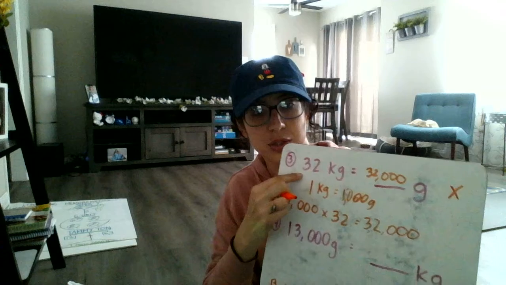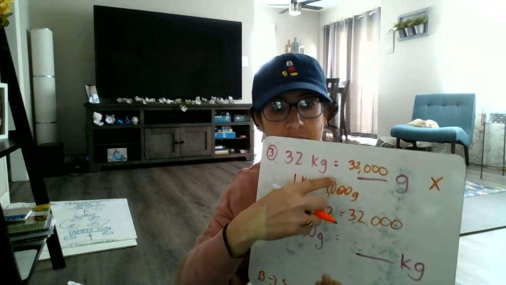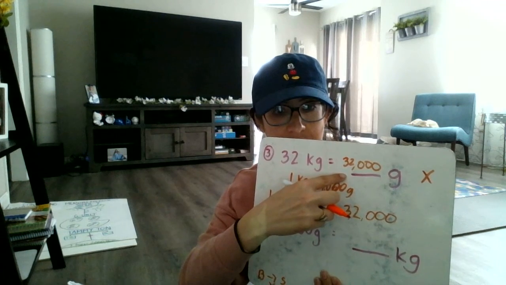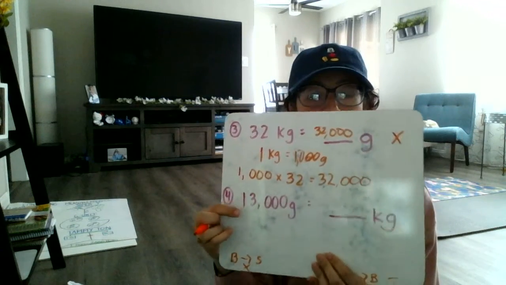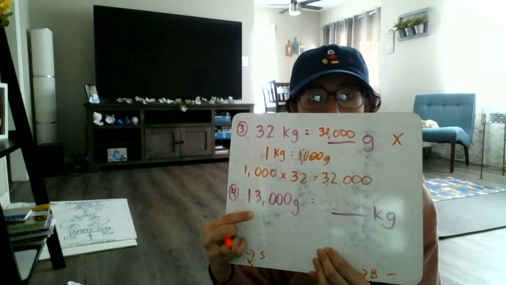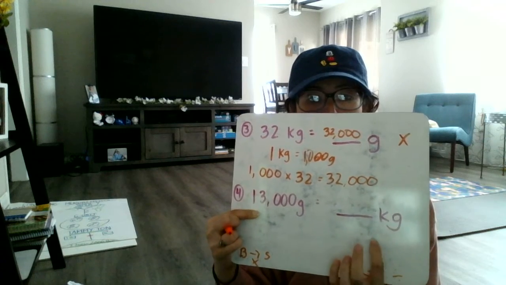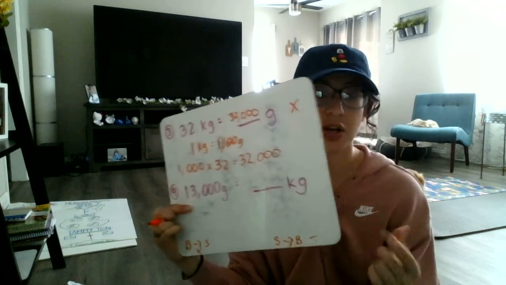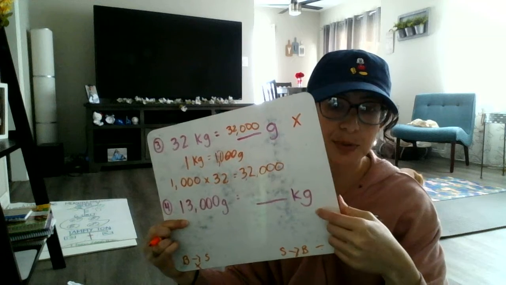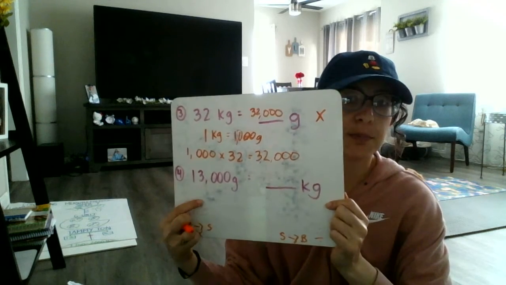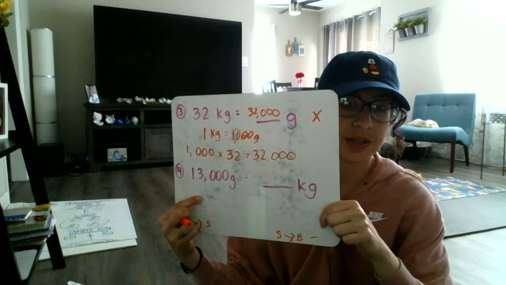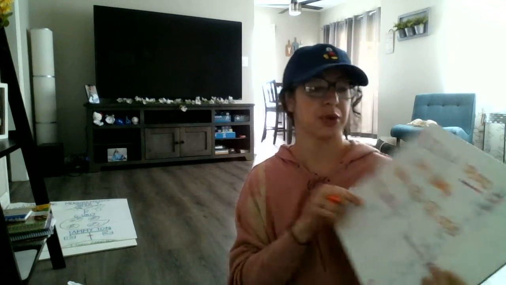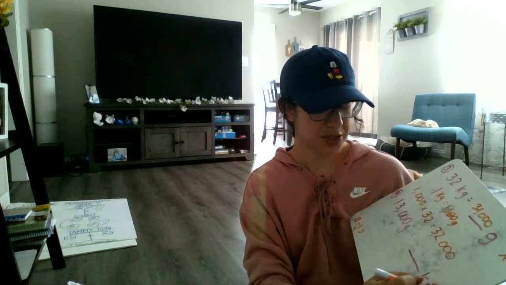So in 32 kilograms, we have 32,000 grams. And last one. Now we're going from grams to kilograms. So remember, grams was the dollar bill and kilograms was the pineapple. Are we going from big to small or small to big? We're going from small to big, so that means we're going to divide.